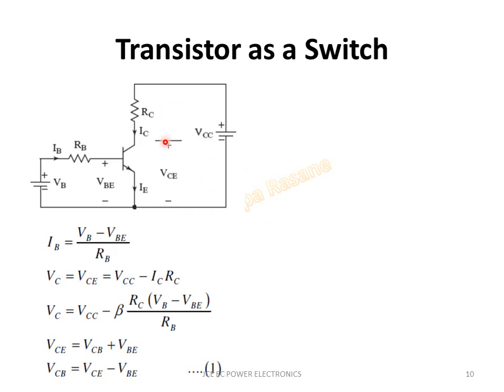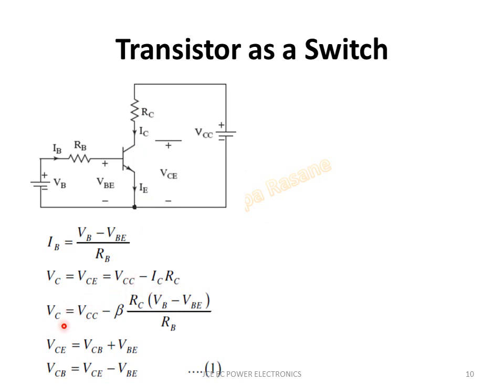And similarly at the output, I will get VC. VC means nothing but VCE here, which is equal to this voltage VCC minus the drop in the resistance, ICRC. So VCE becomes equal to VCC minus ICRC.